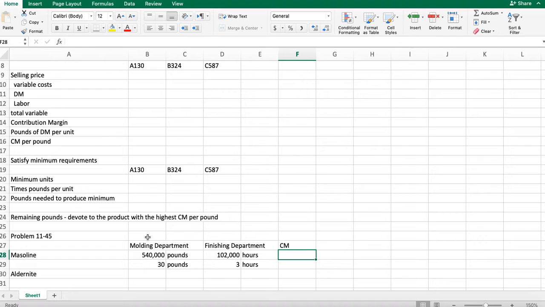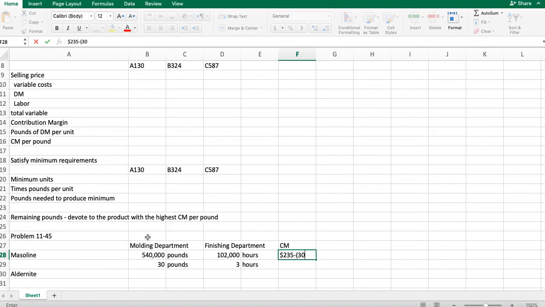Then I would look at my contribution margin for that particular door, and the selling price is $235. It's $3 per pound for cost of materials and labor, and it's 30 pounds.